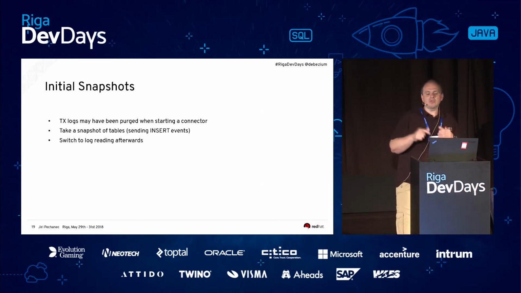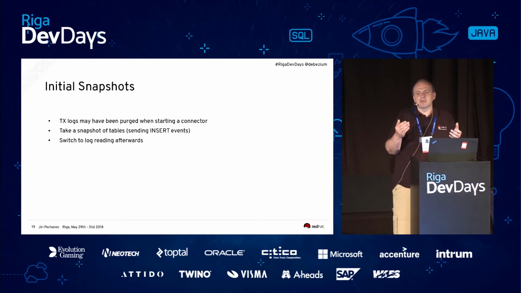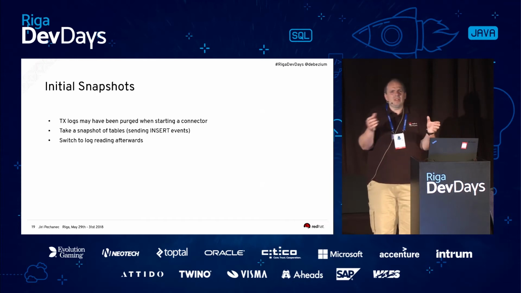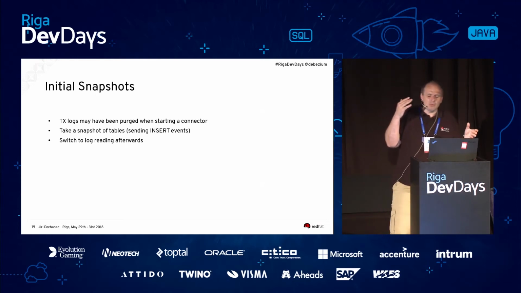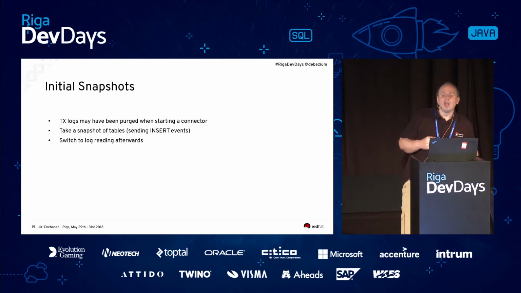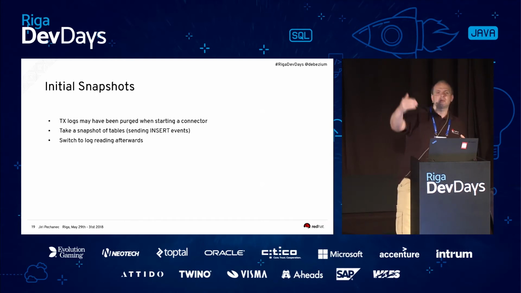So, how do we solve this constraint? We could either stream just the new changes, but then it wouldn't make sense for certain applications not to know about all the data, or we can use a so-called initial snapshot.